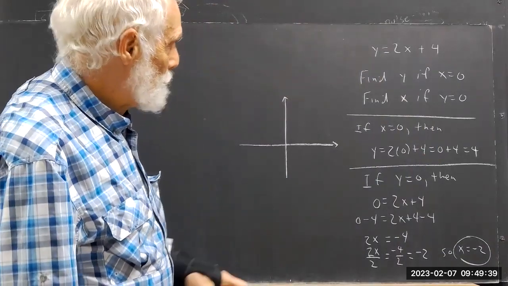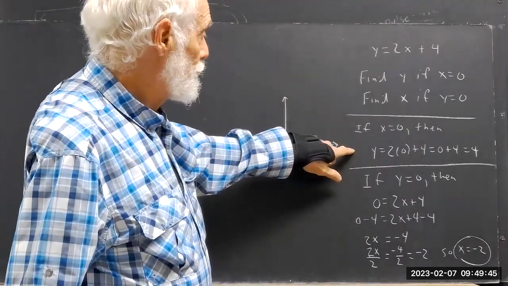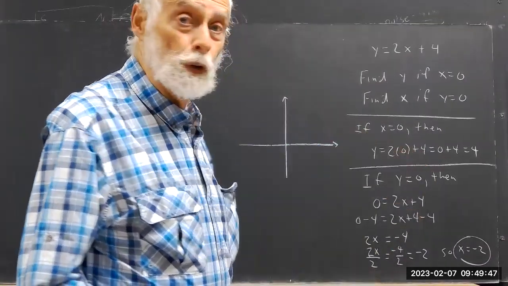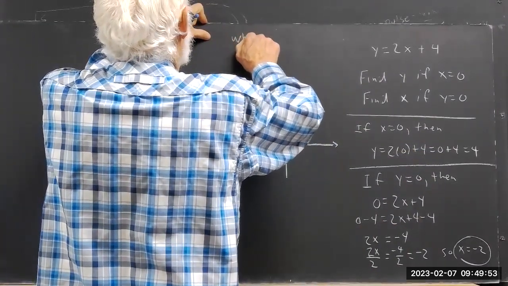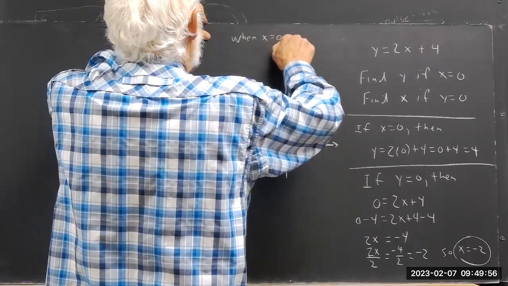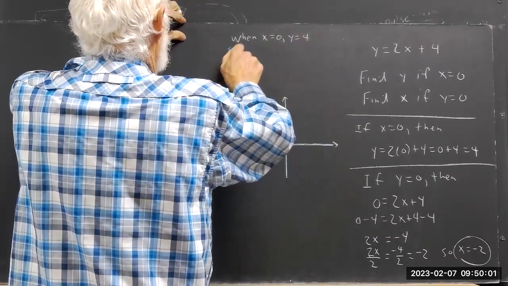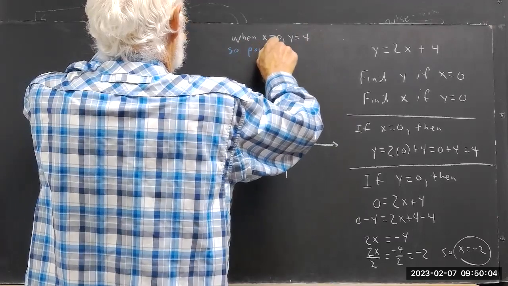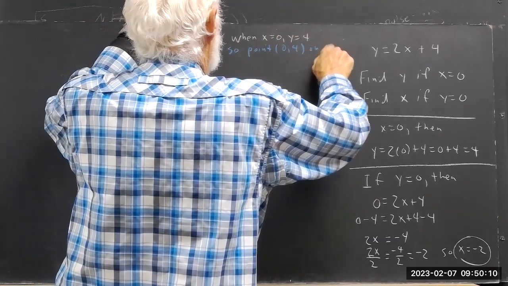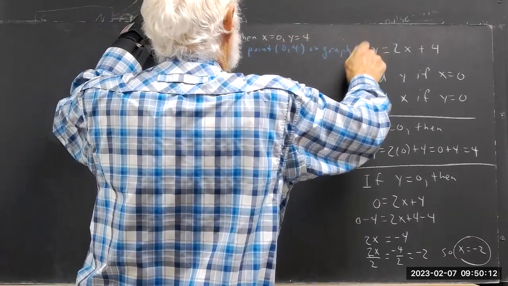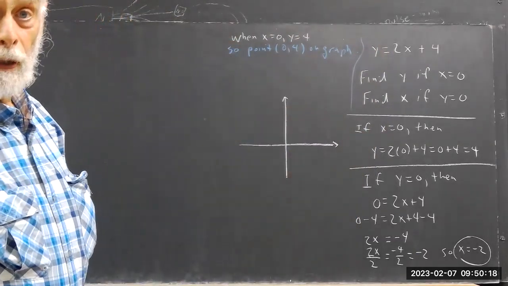Now, once you write it out, what's this tell you? This calculation tells you that when x equals 0, y equals 4, right? So when x equals 0, y equals 4, so the point 0, 4 is on the graph.